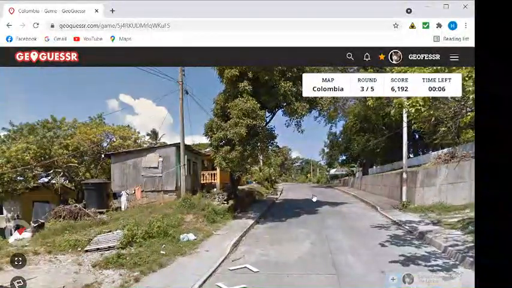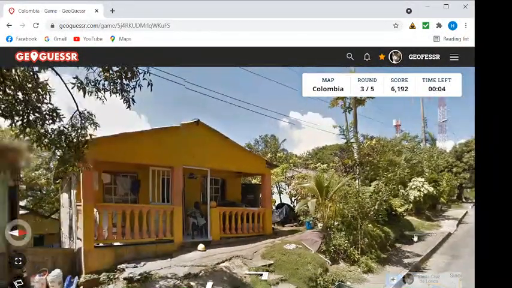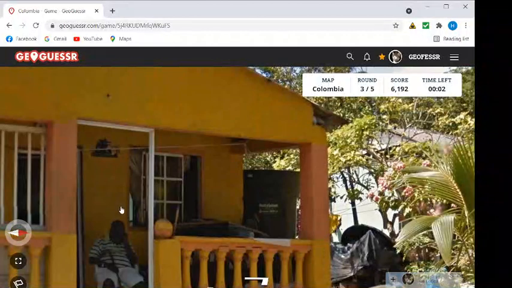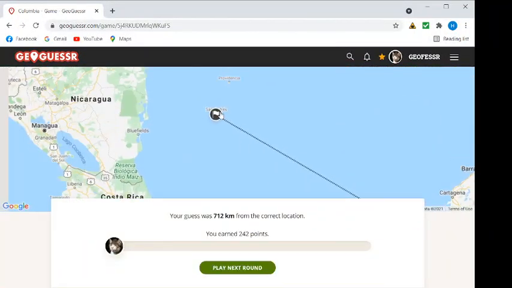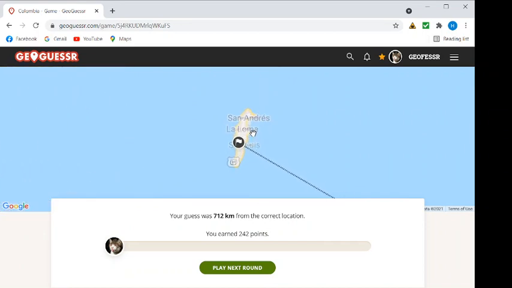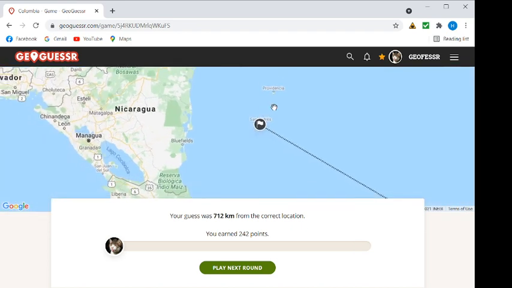And then if we see some English in the next 6 seconds, okay. That does look like the San Andres houses that we... Yep. Okay. Yep. That's where we were. Yeah. So we didn't see any English, which would have solidified that we're on these islands.